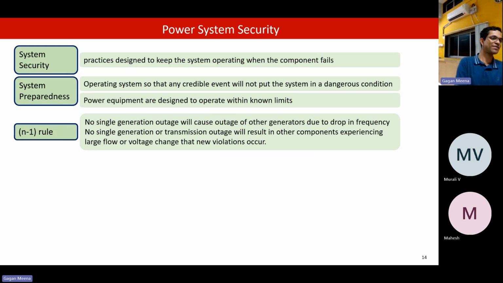As soon as there is some frequency drop, the inertia will come into the picture. Then primary frequency response. If it is not able to bring the frequency back within a range, then secondary will come up. If they are also not able to do it, then tertiary frequency reserve services are used.